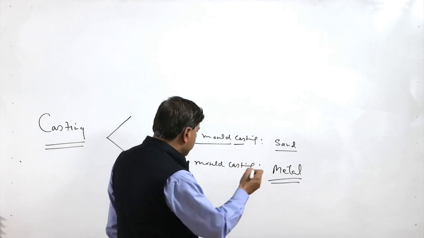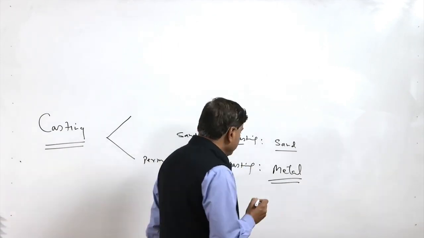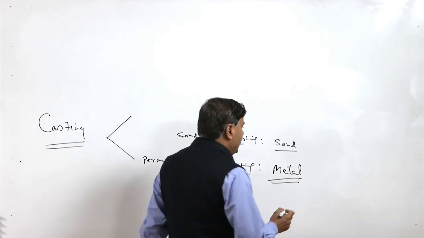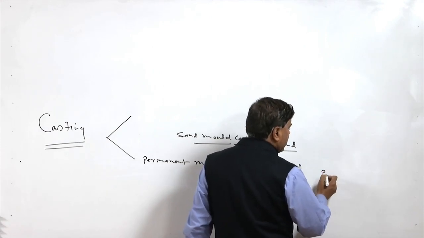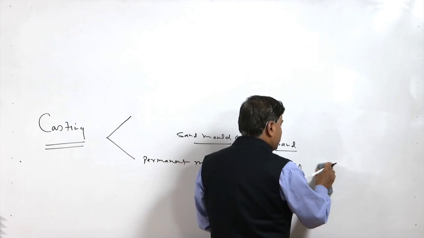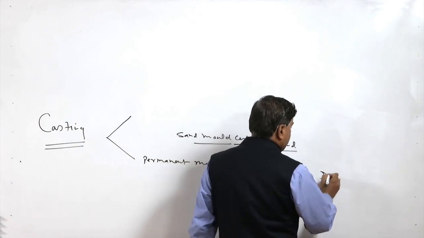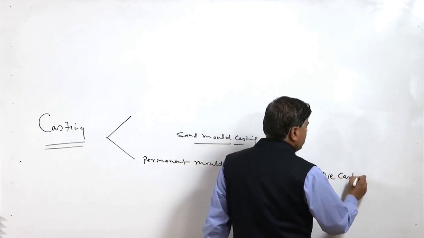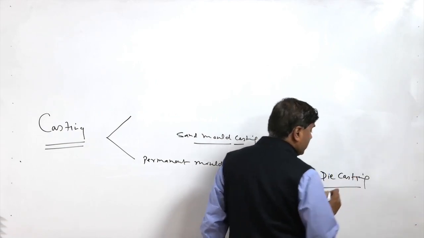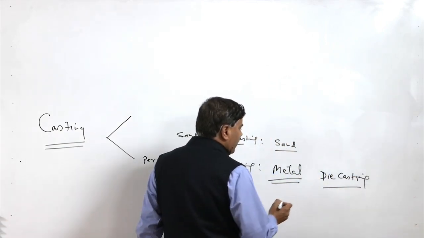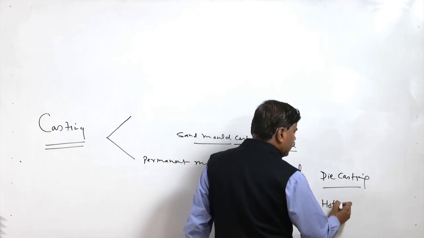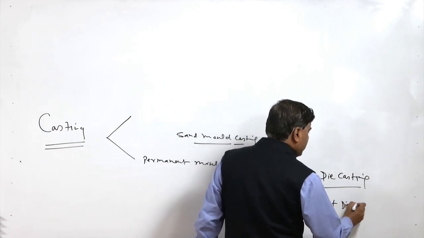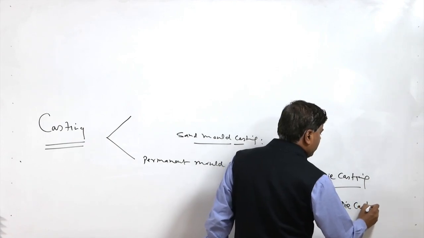There are different processes which use a metallic mold, and one of the commonly known ones is die casting, also known as permanent mold casting, and others like hot die casting and cold die casting are variants of die casting.